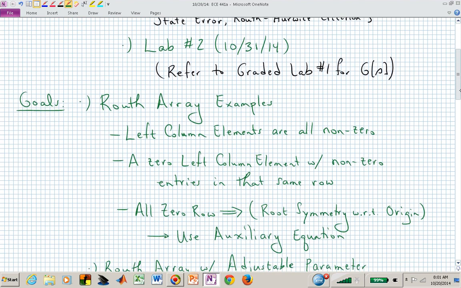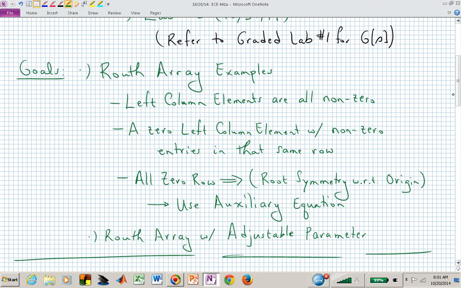Today we will look at the final topic for exam number 2, which is the Routh array, or the Routh-Hurwitz criteria. This is now the array constructed as the second part of this Routh array criteria. I've listed the 3 cases that the Routh array may fall into as you're building it.